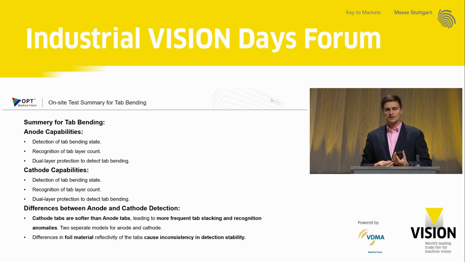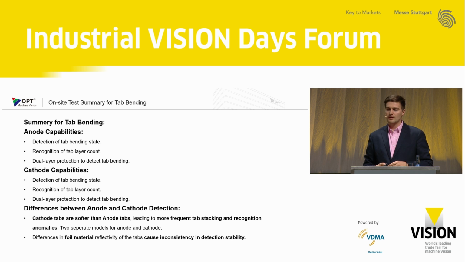The cathode is softer than the anode, and this leads to more frequent tab stacking, and also to recognition anomalies. That's why we had to train 2 different models in the end, one for each side. And also, the different foil material causes inconsistency in the detection of the defects.